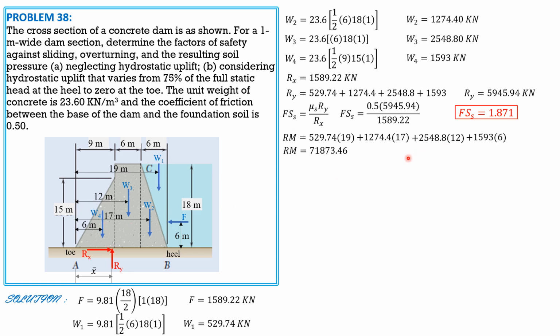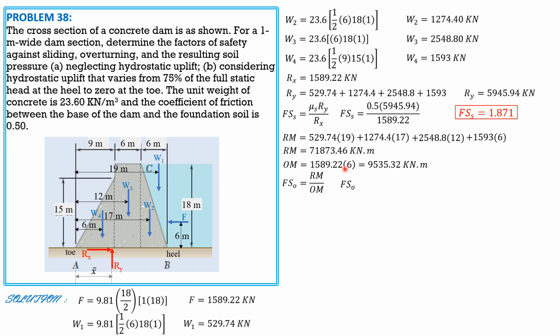So the righting moment is equal to 71873.46 kilonewton meter. Overturning moment is due to F alone, so it is 1589.22 times 6, 9535.32 kilonewton meter. From here, we can now compute the factor of safety against overturning, which is righting moment over overturning moment.